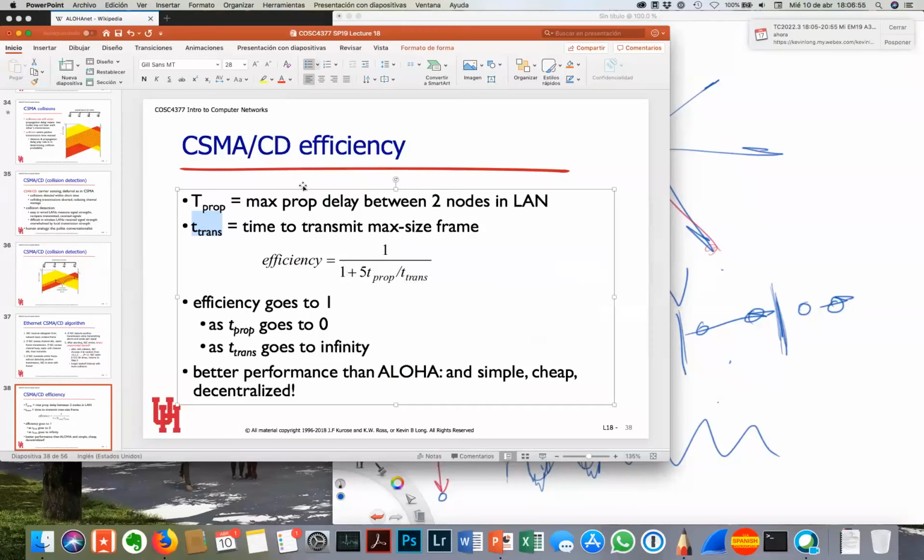The other way to do it is no matter how long the network is, if you're able to transmit like crazy fast and this goes towards infinity, then it also makes this ratio worthless when added to 1, and you are at 1 over 1 again anyway. Right? So better than Aloha and cheap. So that's kind of the idea.